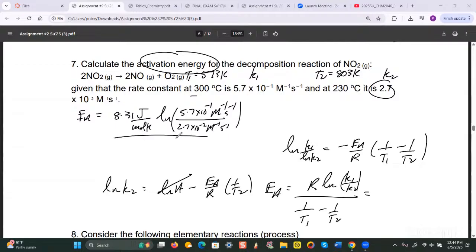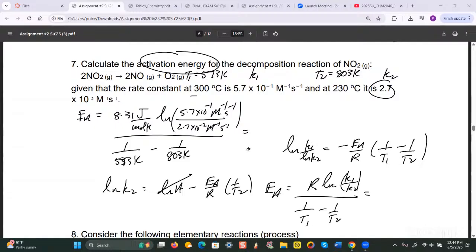All of that is divided by 1 over T1, where T1 is 573 Kelvin, minus 1 over T2, which is 803 Kelvin. That should give us our final answer.